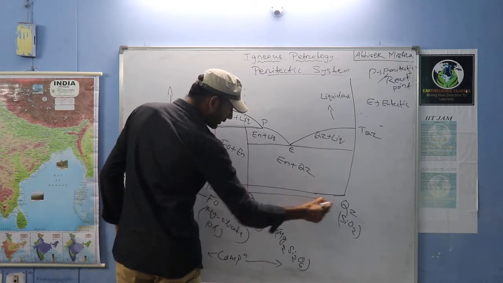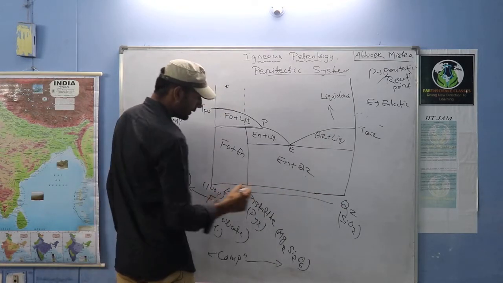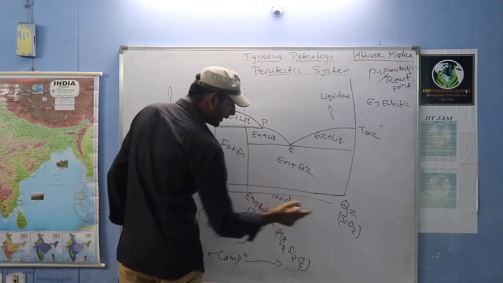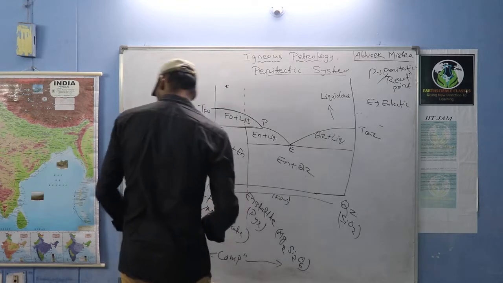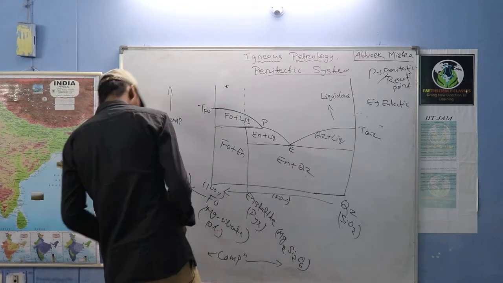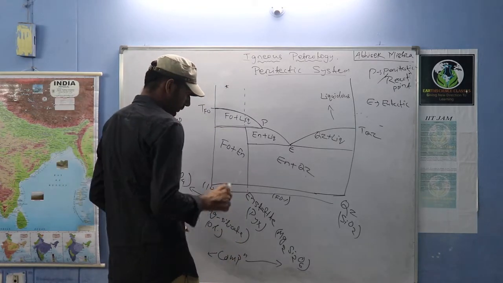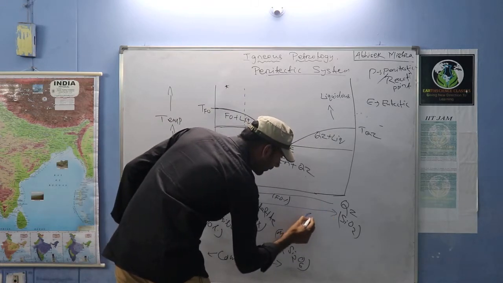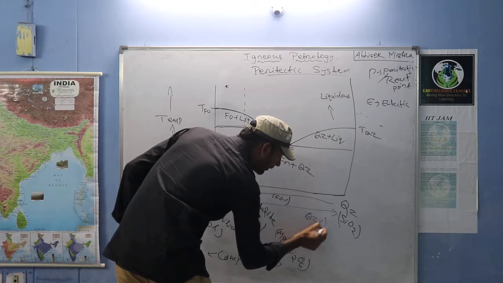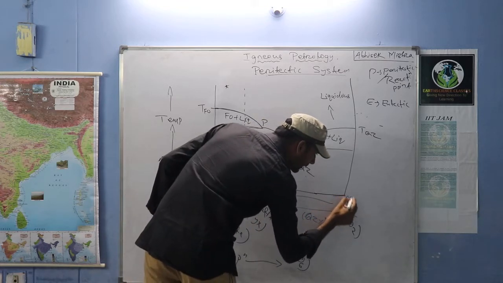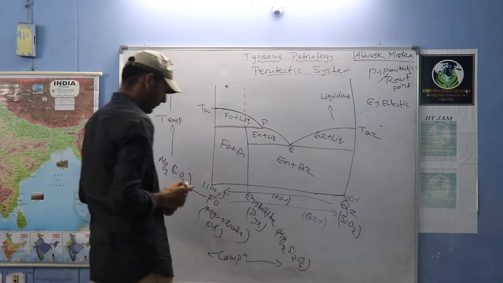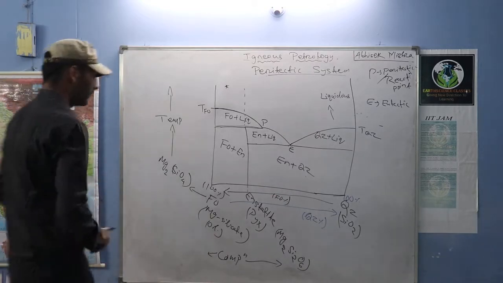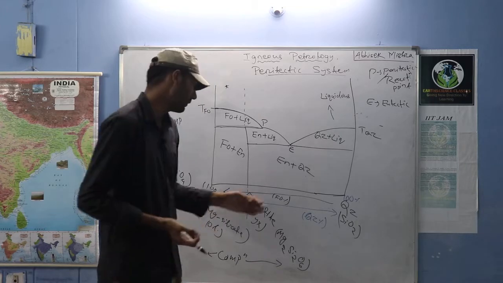So this is the direction of increase in forsterite, and this will be the direction of increasing quartz percentage. Quartz will be 100 here. I told you at the start of the eutectic system how this is increasing.